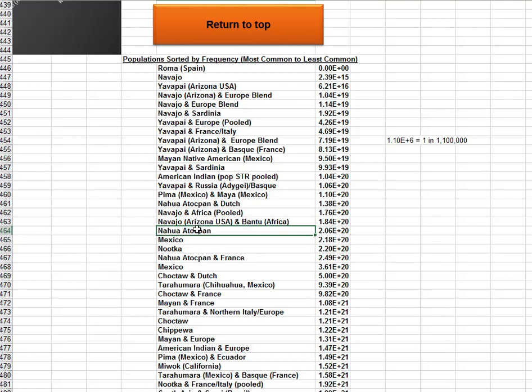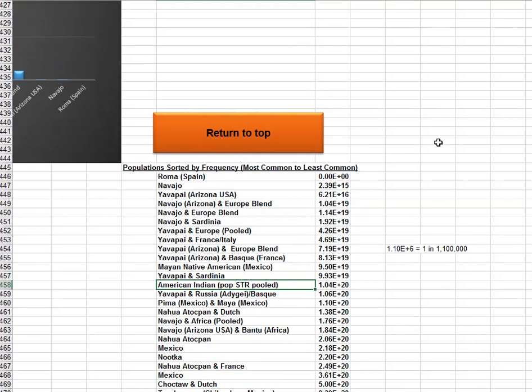The Nahuatl Tocpan here, general American Indian population, which is very heavily slanted, this one in Pima and Maya. Going down, we see various other populations, but that's the takeaway message.